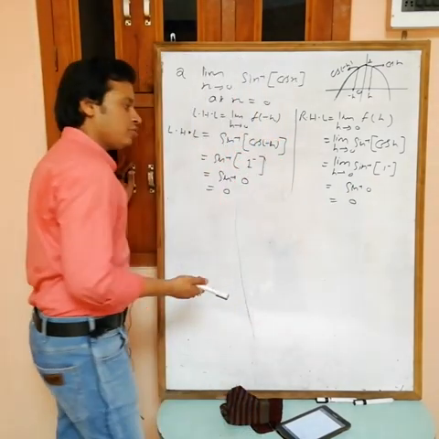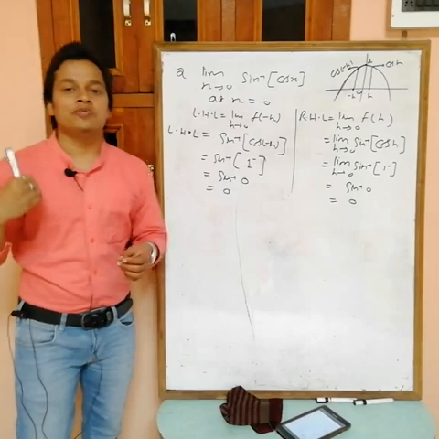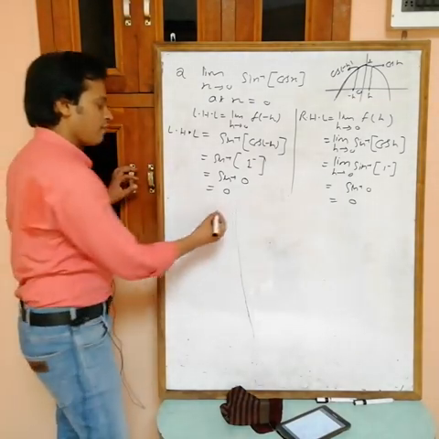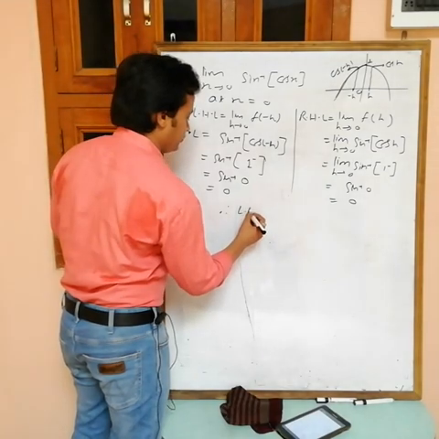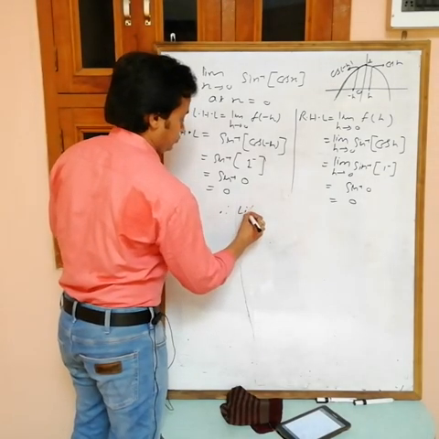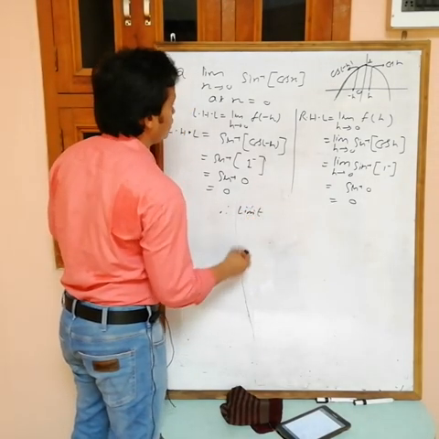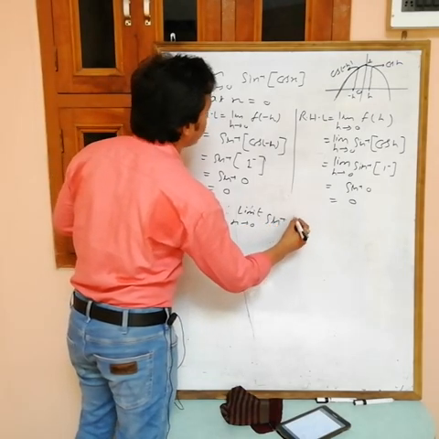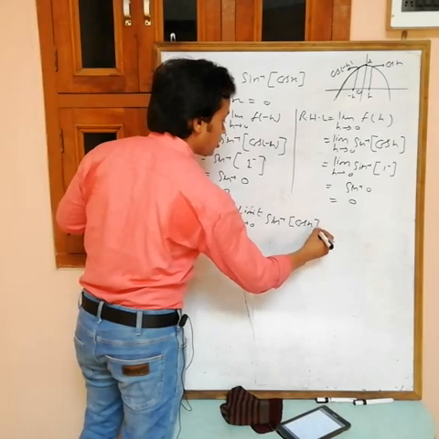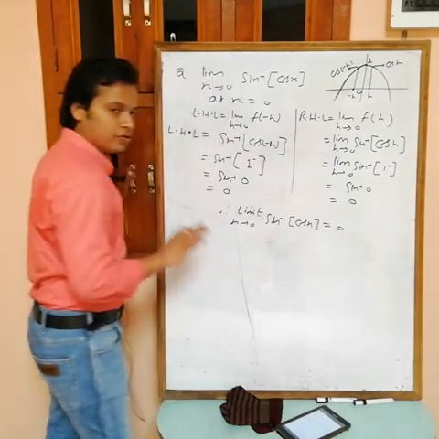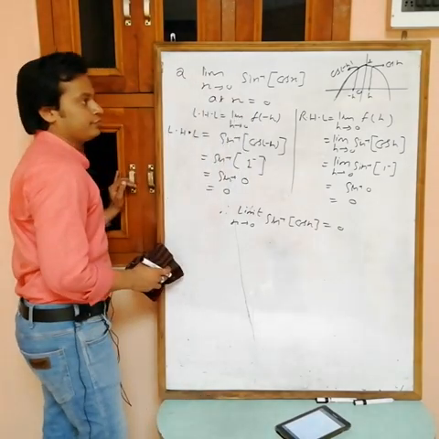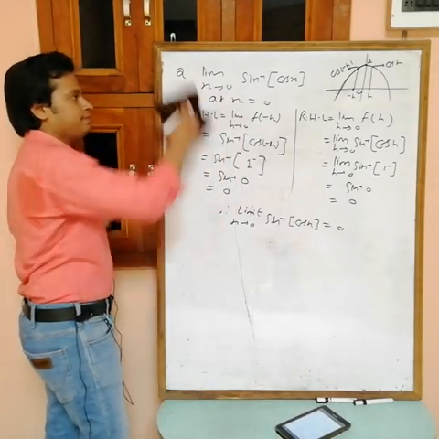Sine inverse 0 is 0. So LHL and RHL both are equal to 0, so the value of the limit is equal to 0. Therefore limit x tending to 0, sine inverse of greatest integer of cos x is equal to 0. Okay, write down. Done.